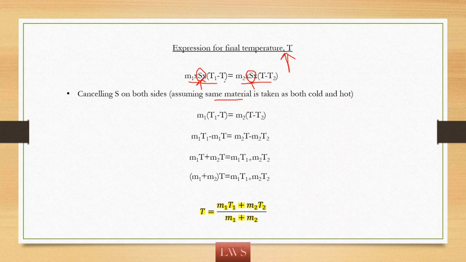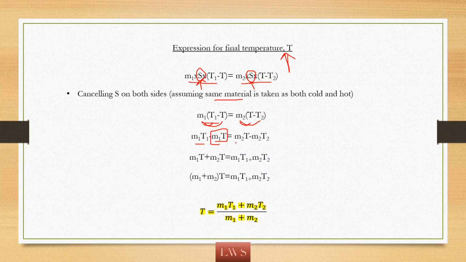Okay. So if I am cancelling S, I am left with M1 into T1 minus T, which is equal to M2 into T minus T2. So multiply internally. So we are getting M1 T1 minus M1 T equals M2 T minus M2 T2. Now I am getting all the terms that have T in common.